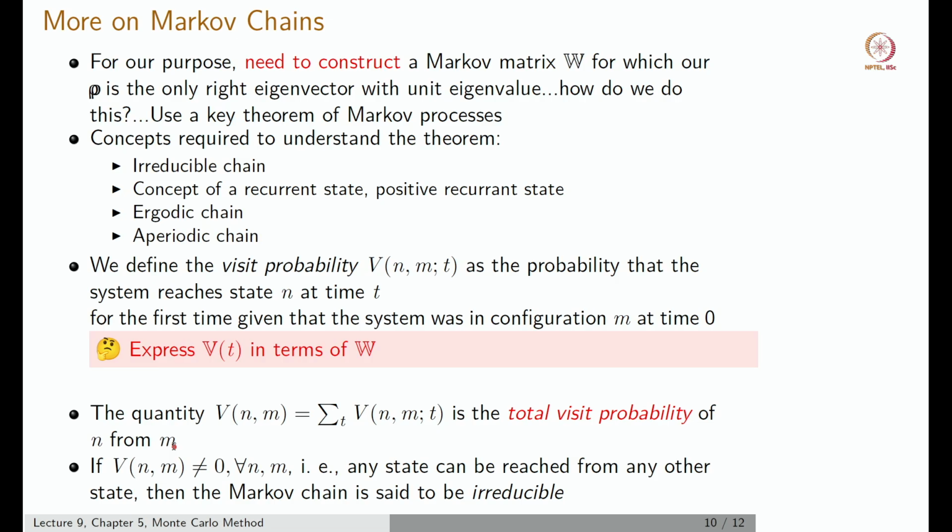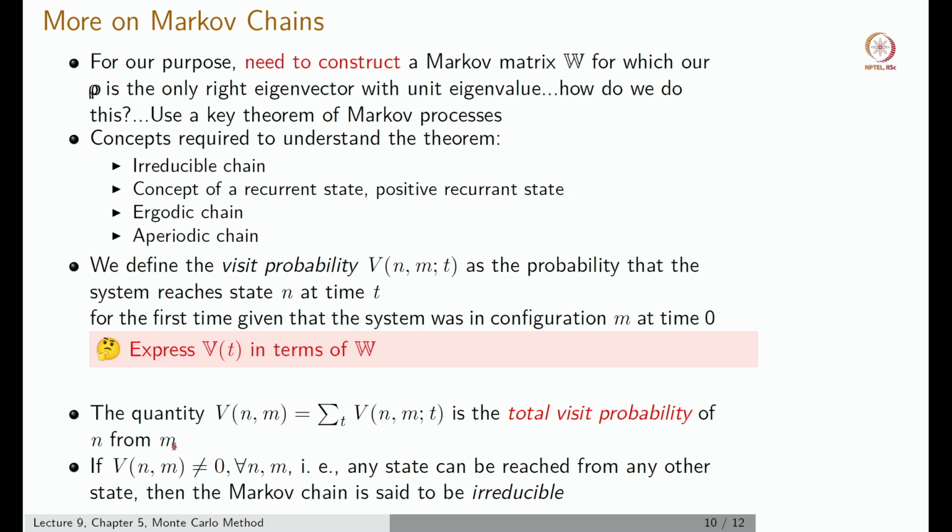Now we are ready to define what is an irreducible Markov chain. If V_nm is non-zero, that is, I can visit any configuration from any other configuration. It may take a long time to do that, it does not matter. If the visit probability of n from m is finite for all n and all m, then we say that the Markov chain is irreducible.